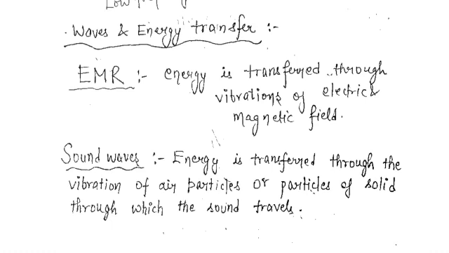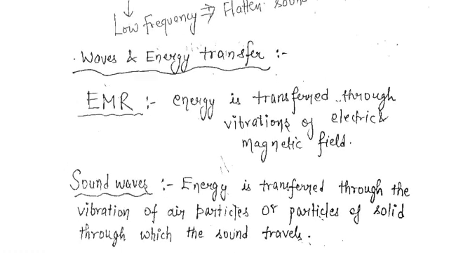Due to the vibration of those molecules, the other people standing opposite you are able to hear whatever you are speaking. So the basic thing I want to tell you is that the medium plays the role, and in the medium we have air, and in the air we have particles or molecules, and due to their vibration, other people are able to hear what you are speaking.